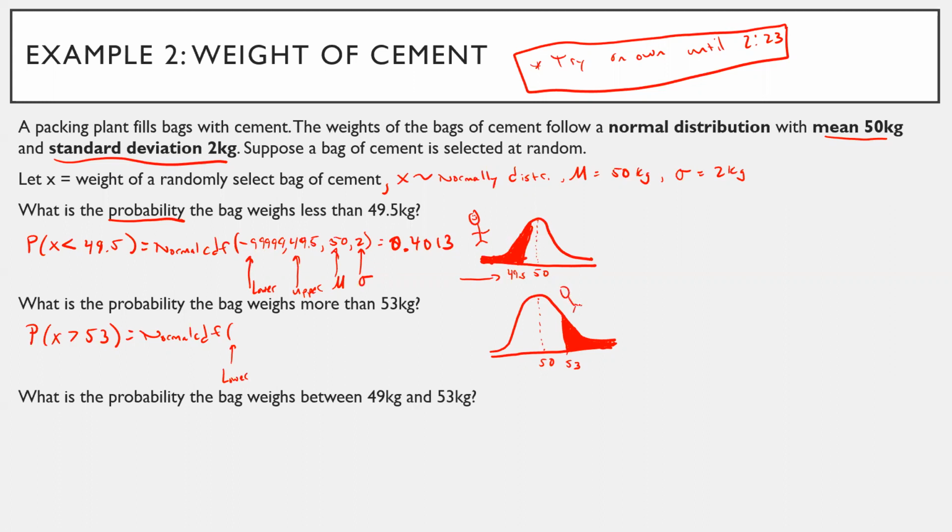But if you were going to walk across the red shaded area here, where does the red shaded area start? On the right side. But what number is it? 53. Yeah, it starts at 53 now. And then what's my upper? Where am I going to keep walking to?